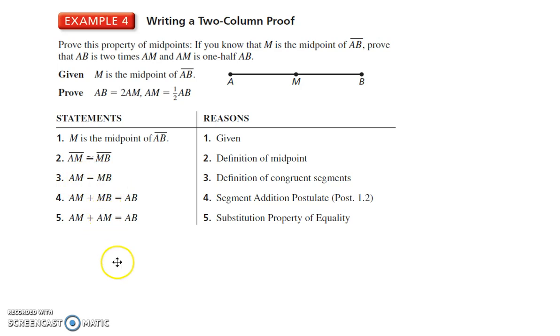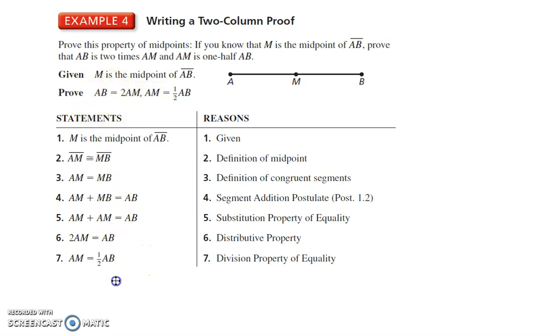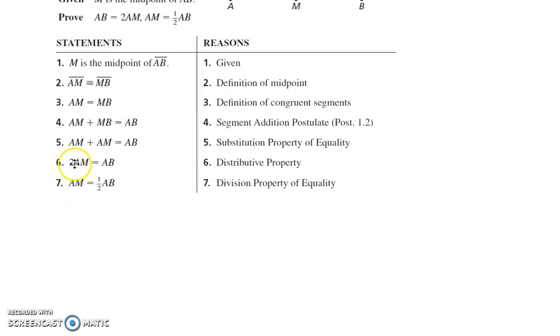And then AM plus AM is 2AM. So I used the reverse distributive property here. I factored out a 2 and said 2AM is AB. So I've proven my first point. Next, I can divide by 2 on both sides, and I can prove the second point.